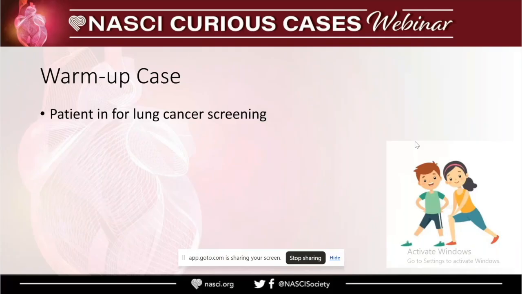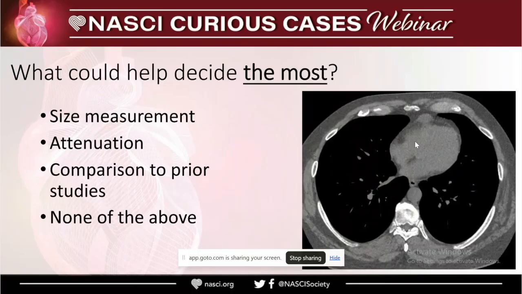So let's start. This is a warm-up case, and we're dealing with a patient who came in for lung cancer screening. You see this one image, and you need to find the abnormal finding and tell me what will help you decide what that lesion is and what you want to do next.